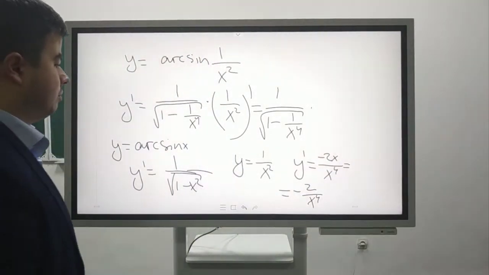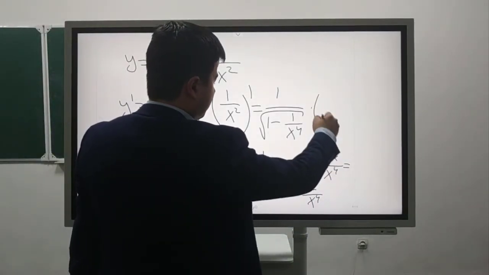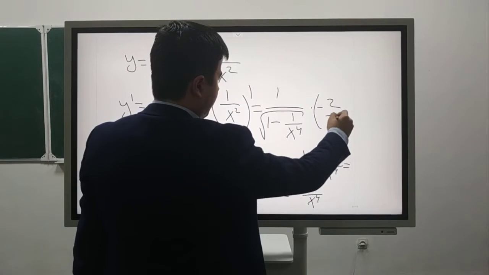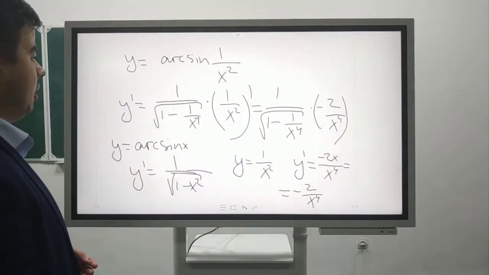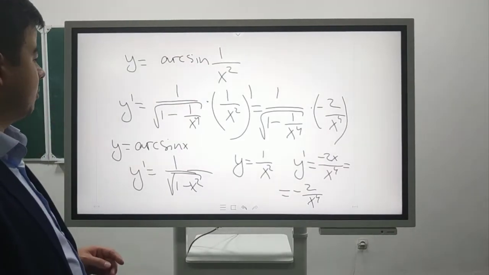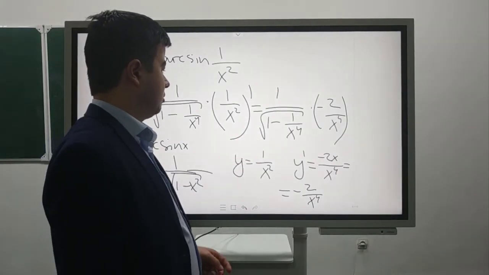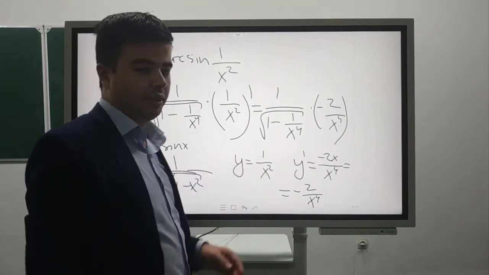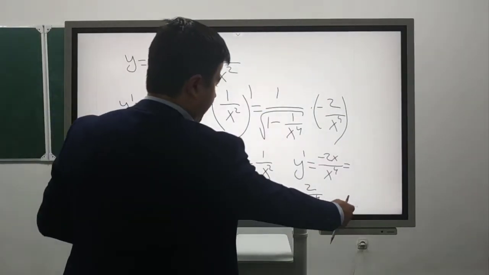So it is minus 2 over x cubed. And now we can continue, or just write the answer in this form. You can just multiply the two of them and write the final answer.